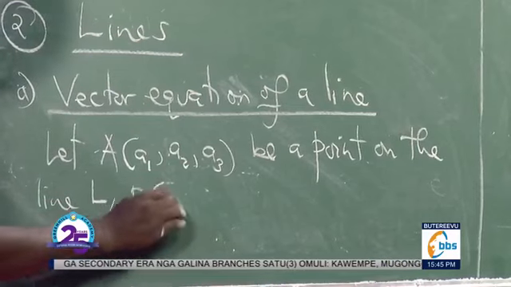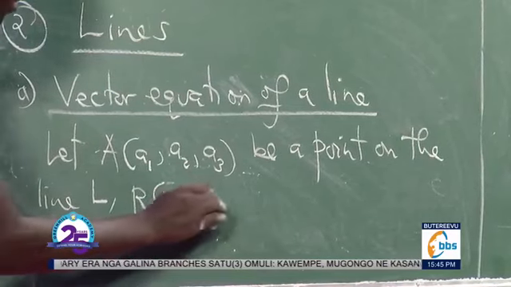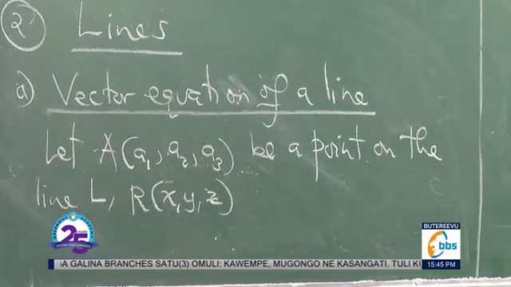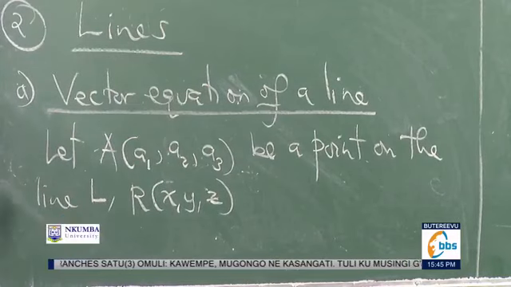and R, X, Y, Z. This is like the point whose locus we are going to be looking for.